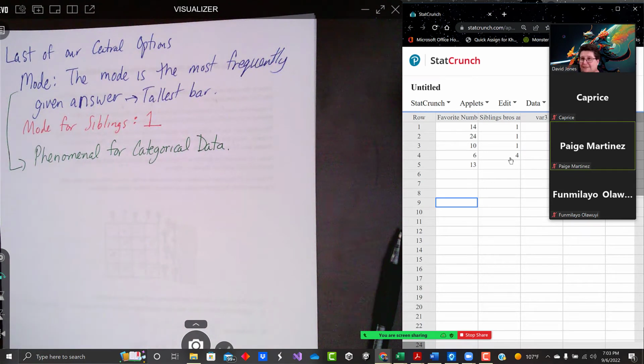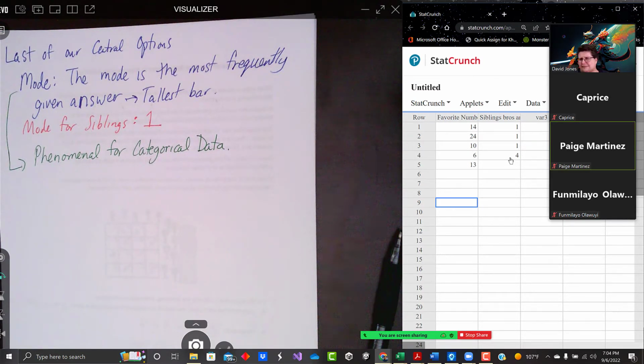We can't take an average because categorical data usually isn't numbers, and even when it is numbers, it doesn't make sense to average them, like zip codes or area codes for the phone. It doesn't make sense to take the average.